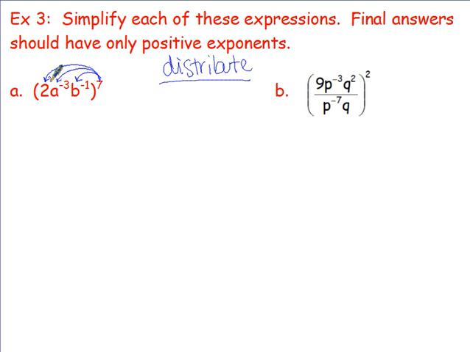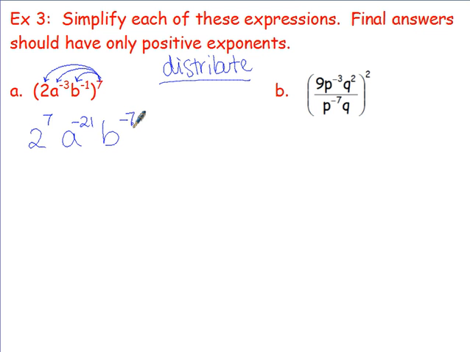So starting with the 2, don't multiply, that is 2 to the power of 7. Then we got the A, 7 times negative 3 is negative 21. Then we got the B, 7 times negative 1 is negative 7.